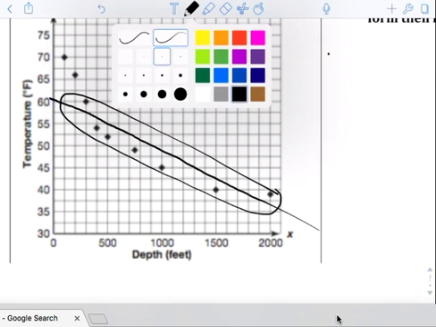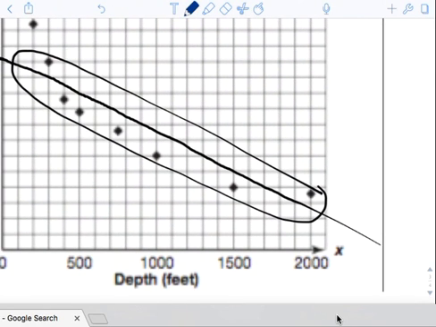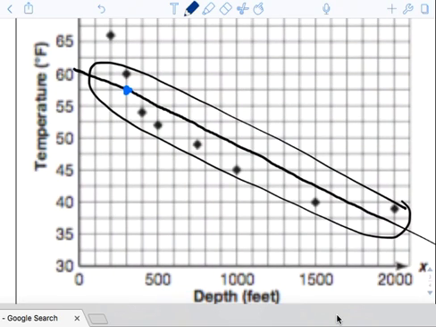You can make your own, not the best line of best fit, but it works because you cut your circle in half. Right there. Is that a good one? Not really. So, I don't like that one. This one's a good one. You can redraw your line of best fit. Some of you aren't redrawing it and you get bad numbers.